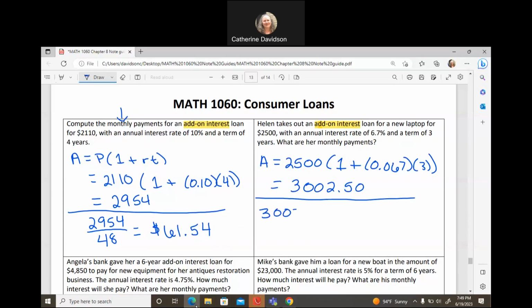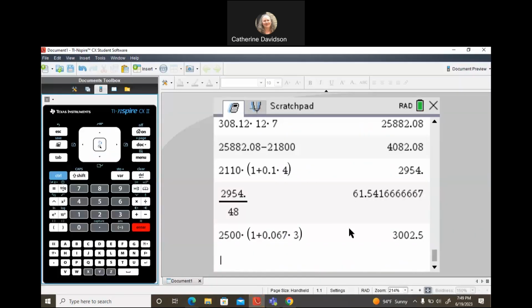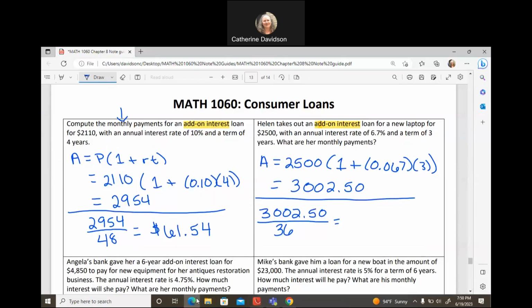So what will we do from this point to figure out what her monthly payments are? She's going to be making payments every month for 3 years. So we're going to divide that by 36. So our monthly payments are going to be $83.40.